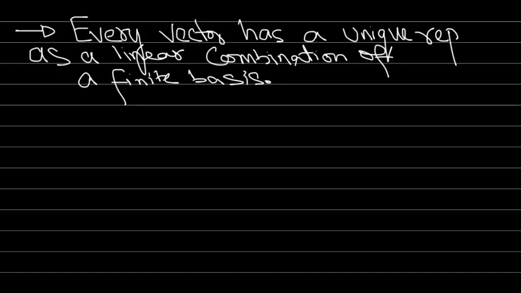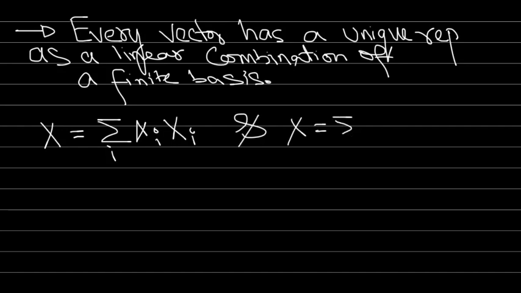You're going to understand this much better if I prove this. So let's not just say things, but rather go ahead and prove it. So suppose there were two, that is x is equal to summation i alpha i xi, and another one, x is equal to summation i beta i xi.